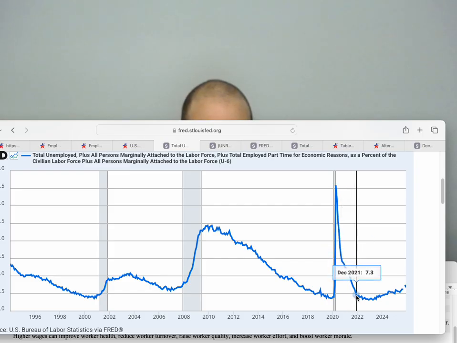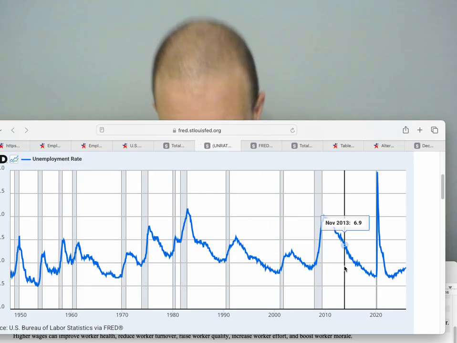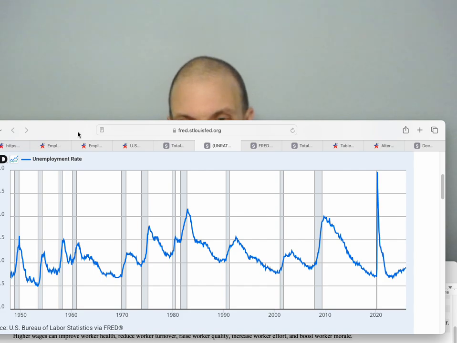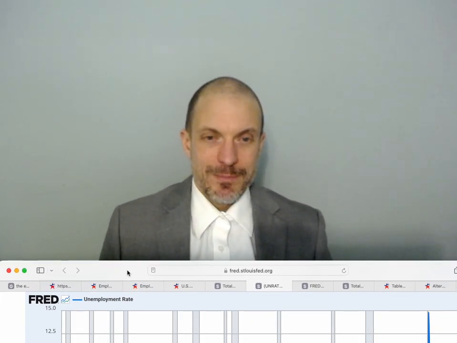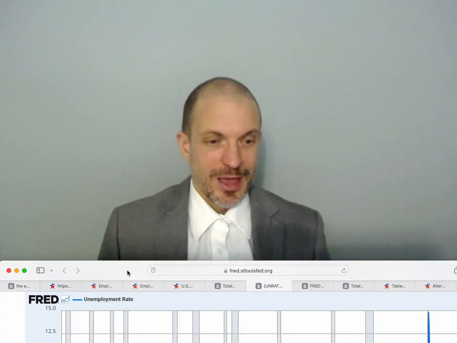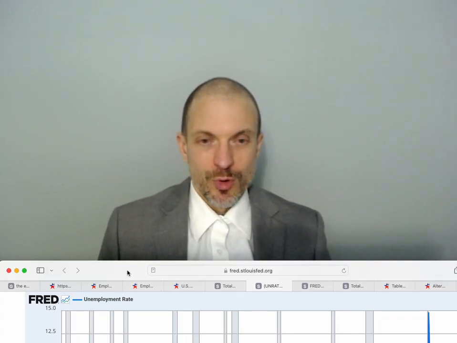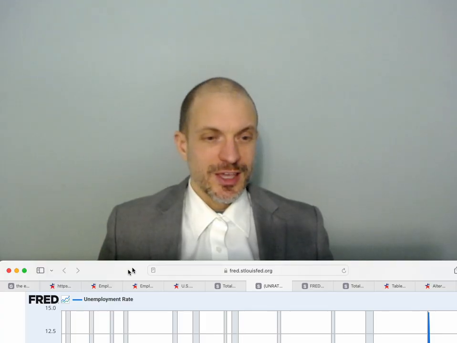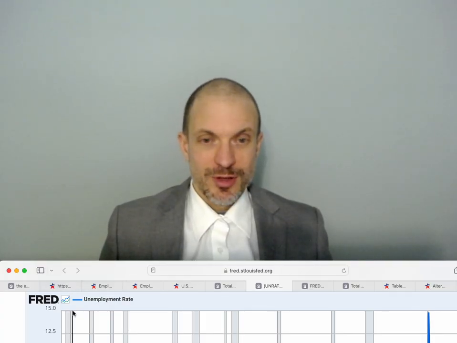When did it go back to 7%? Not until March 2022. That was a little bit closer. The fundamental reasons for that recession were different than the Great Recession. So you could see a much more rapid recovery from the more recent recession, at least comparing the U3 measure versus the U6 measure of unemployment.